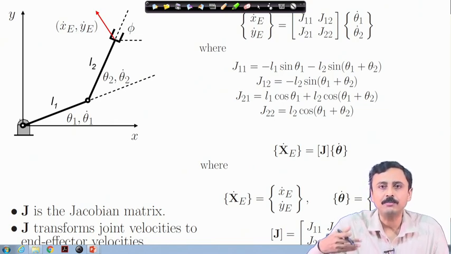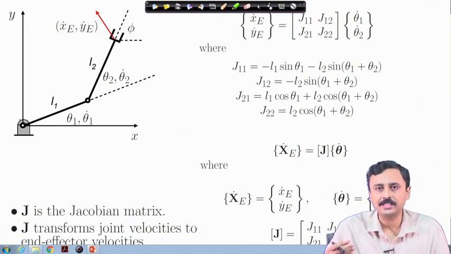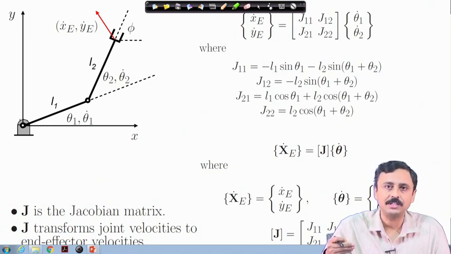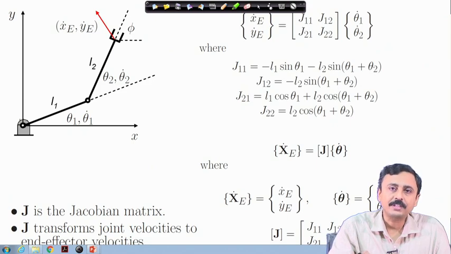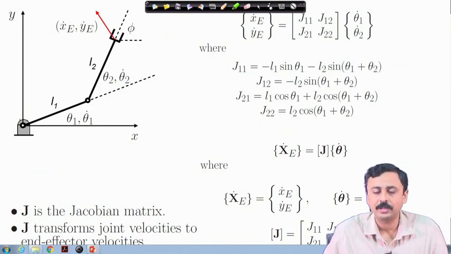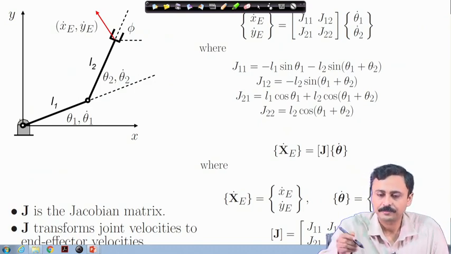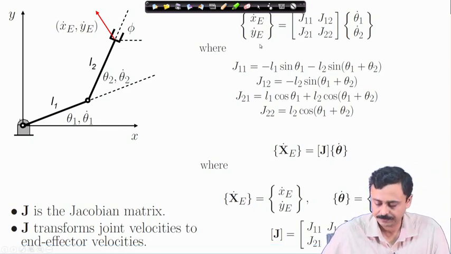As I move, given the joint angular rates, I can integrate very easily to find out the joint angles as they evolve with time, and given the end effector velocity vector, I can integrate to find out the displacement of the end effector, and that is how we are going to determine the path.